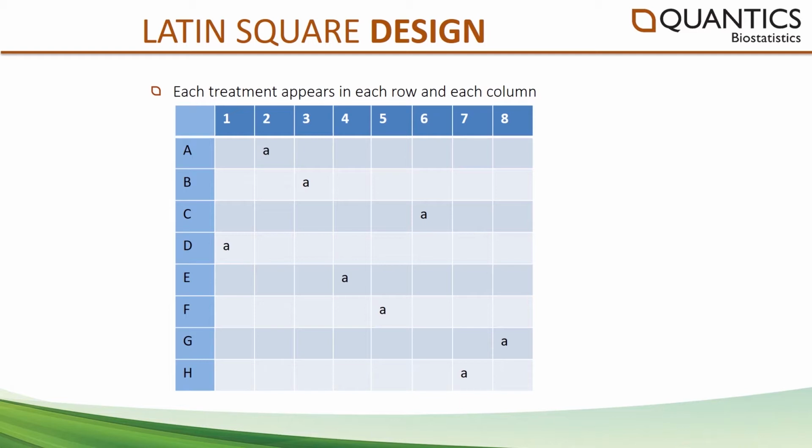So you can see this treatment A appears once in row A, once in row B, once in row C, etc. And it also appears once in column 1 and once in each of the other columns. Here we've added the next treatment, treatment B, and treatment B, like A, appears once in each row and once in each column. Here we've added treatment C, again similarly appears once in each row and once in each column.